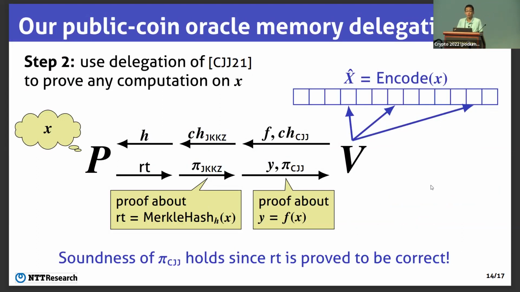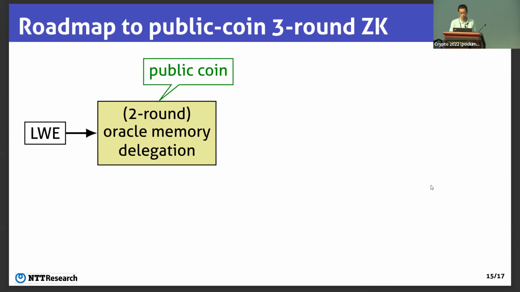Now, basically, the soundness of our scheme follows very naturally from the underlying delegation schemes, and in particular from the soundness of the CJJ delegation scheme, because the macro hash that the verifier obtains from the prover is guaranteed to be correct because of the soundness of the delegation of JKKZ and HLR. So in this way, we can obtain a public Oracle memory delegation from LWE.